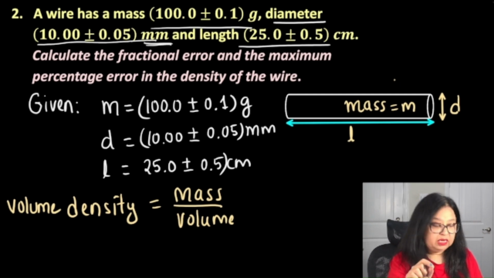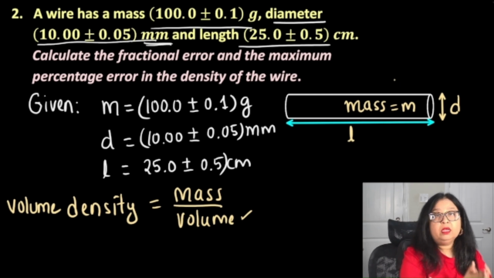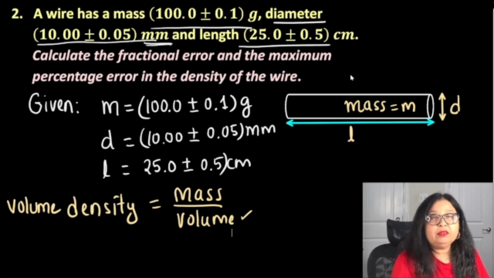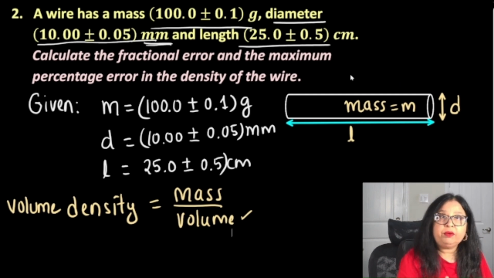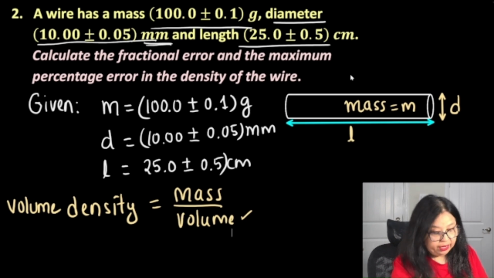In surface density, instead of volume at the bottom, you will have area at the bottom. For linear density, instead of volume or area at the bottom, you will have just the length at the bottom. You will learn about these different kinds of densities and their examples as the course progresses. Right now, we are going to focus on volume density.